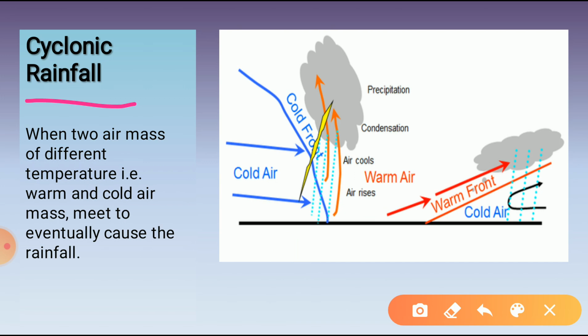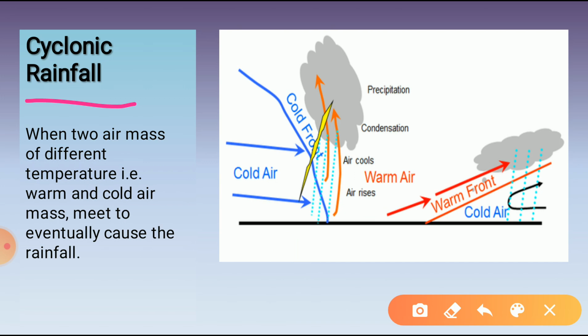Basically it is due to the convergence or the meeting of two different air masses with different temperature and other physical properties. As cold air is denser, it tends to remain close to the ground. The warm air is lighter and tends to rise above the cold air. In ascent, that means in the instant of rising, pressure decreases and the air expands and cools, and condensation takes place, and the light showers are called cyclonic or frontal rainfall.